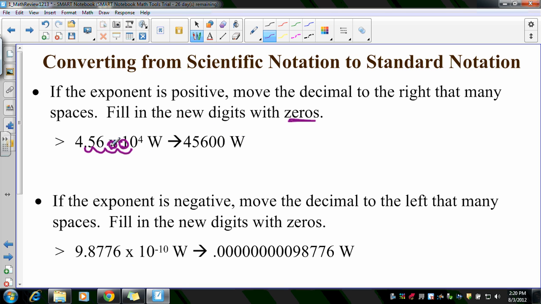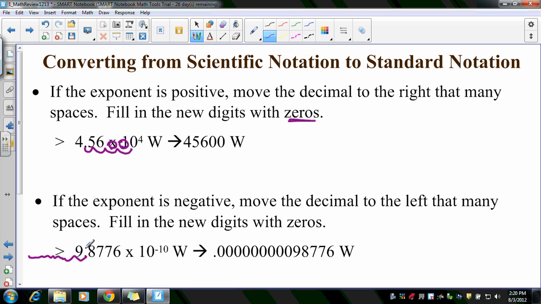It's very important to make sure you jump all of the spots. So if it's 4, you have to jump 4 places over and fill in those blanks. Because when you get to really small numbers or really large numbers, it makes a difference. So if it's negative, we're going to go to the left. And here it's 10 to the negative 10, so we're going to move this 10 places to the left. 1, 2, 3, 4, 5, 6, 7, 8, 9, 10.